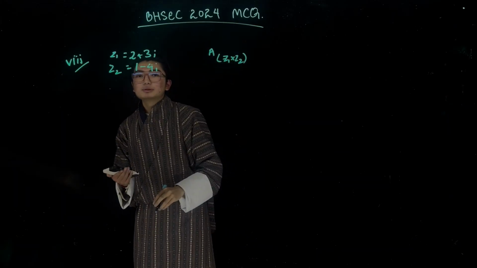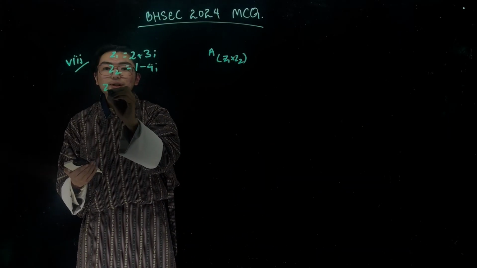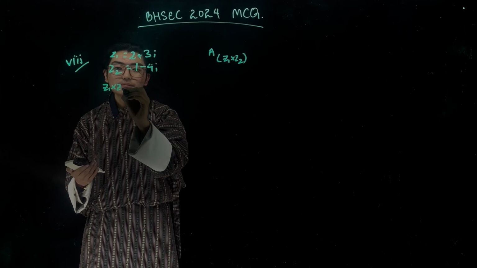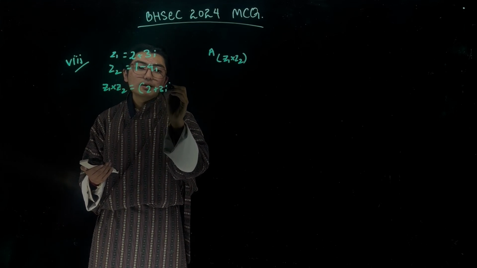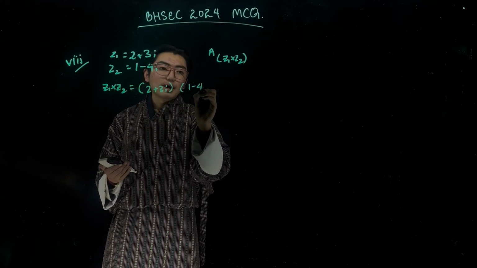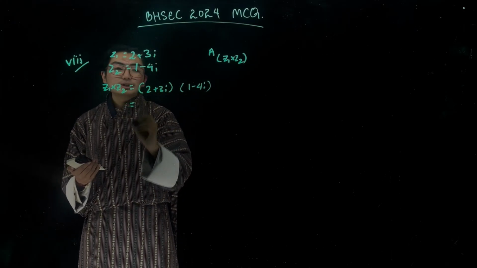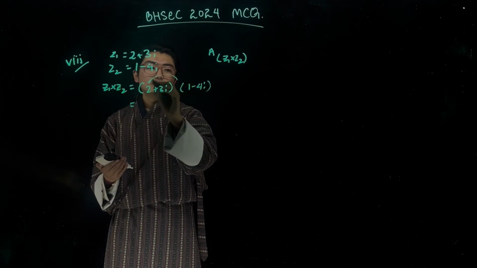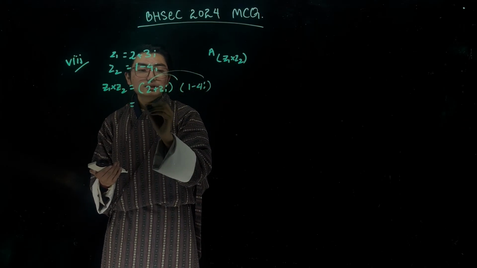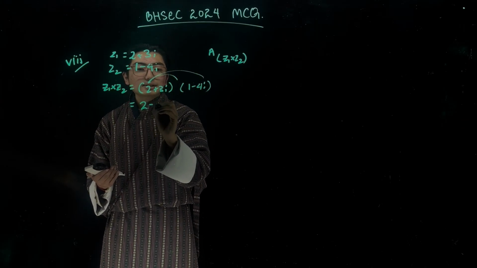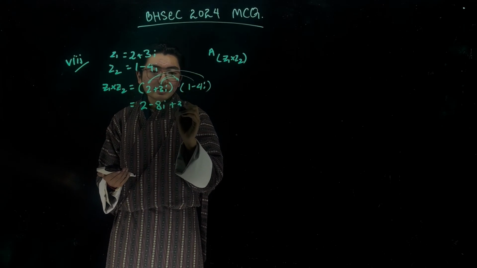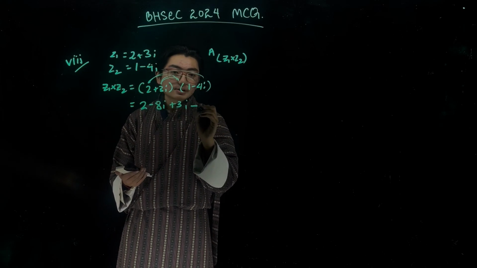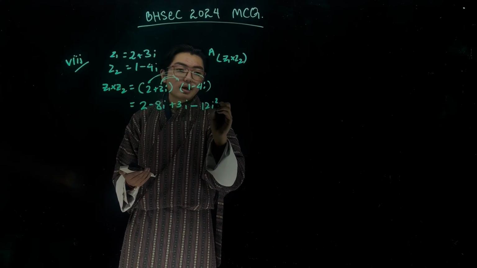Now first and foremost, let's find the complex number z1 times z2. So we just multiply 2 plus 3i times 1 minus 4i. From here it's just simple algebra, so we multiply 2 on both these elements. So 2 minus 8i plus 3i minus 12i squared.